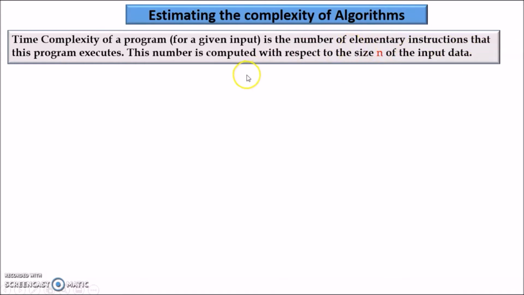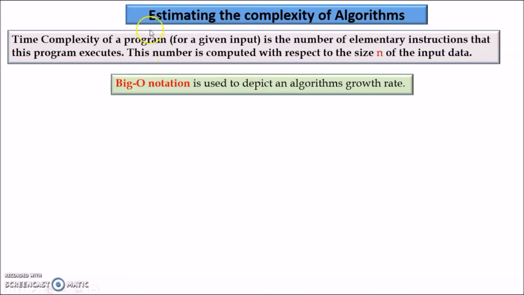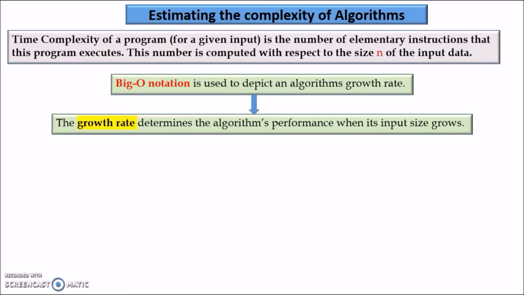Here I am going to introduce a new term to determine the complexity of an algorithm. Very important term, that is big O notation. It determines the complexity of an algorithm, and it compares algorithms and tells us which is best. The notation is used to depict an algorithm's growth rate. So what is this growth rate? A growth rate determines the algorithm's performance when its input size grows.